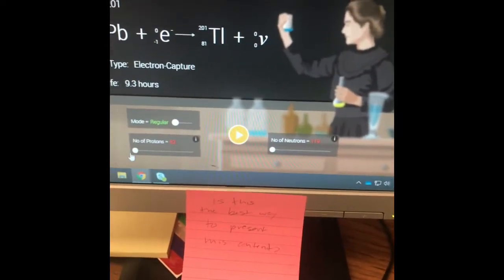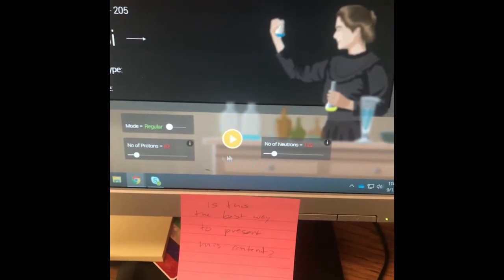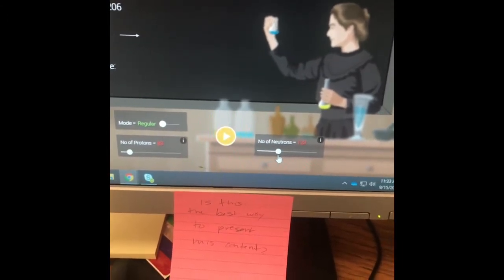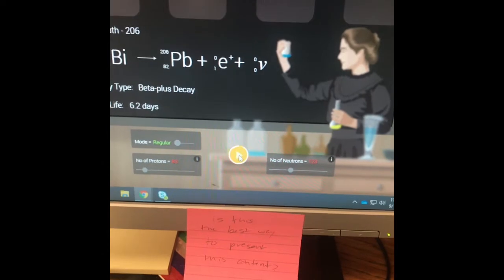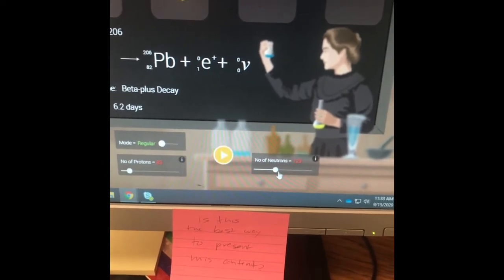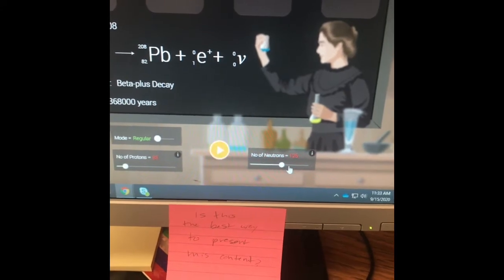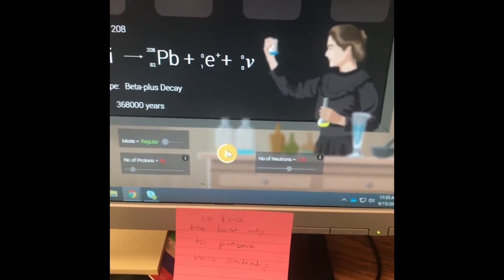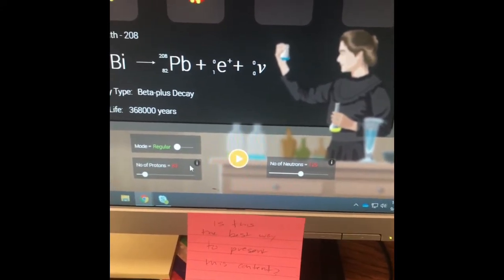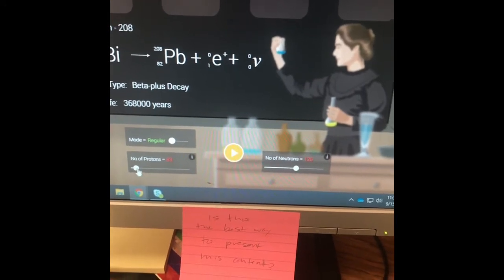Okay, we are going to search for isotopes that are stable. So we can do that by adjusting the number of neutrons. So you may have to play around with it until you find a stable isotope.